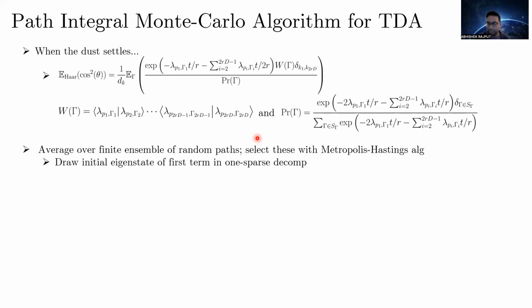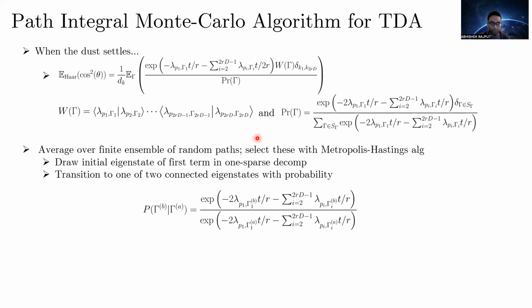So the idea is you want a Markov chain, basically the undirected graph that I alluded to earlier. You draw the initial eigenstate of the first term in the one-sparse decomposition, and then you transition to one of the 2 connected eigenstates.